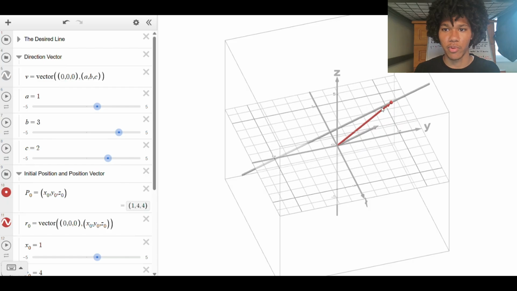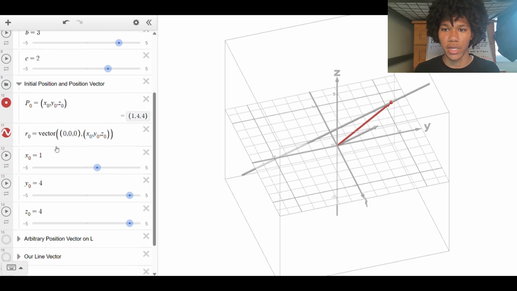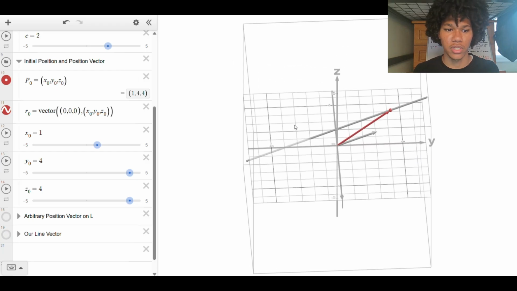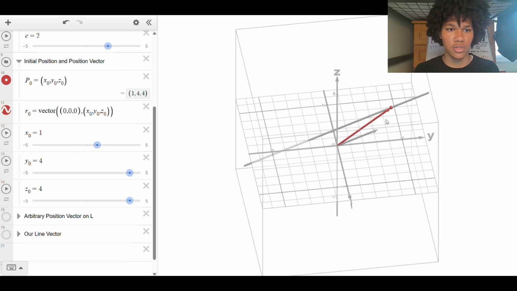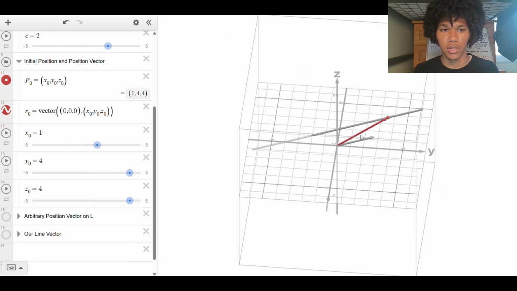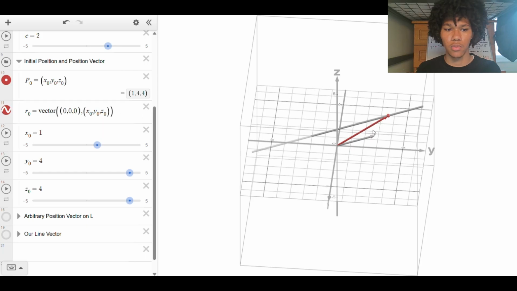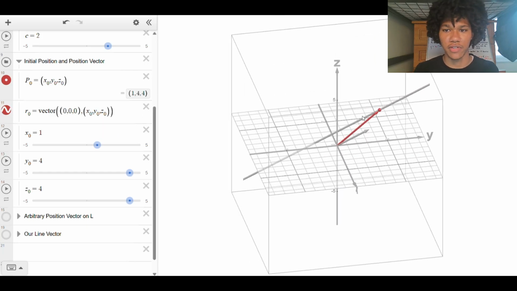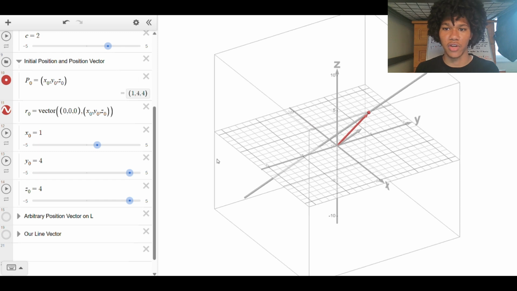That's going to be the point on the line. So we have a point on the line and then a vector that represents its x, y, and z coordinates. P0 has coordinates x0, y0, z0, and r0 is the position vector starting from the origin to P0. What we're going to do now is combine our initial position with our direction vector to get any point on the line.